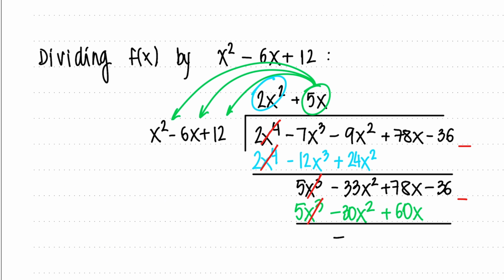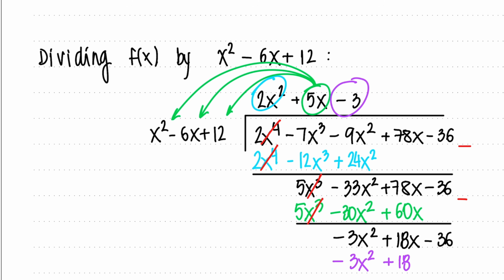So we have negative 3x squared plus 18x minus 36. And lastly, we should multiply x squared by negative 3. So we get negative 3x squared plus 18x minus 36, and the subtraction will produce a 0, which is expected. The remainder should be 0, as mentioned before.